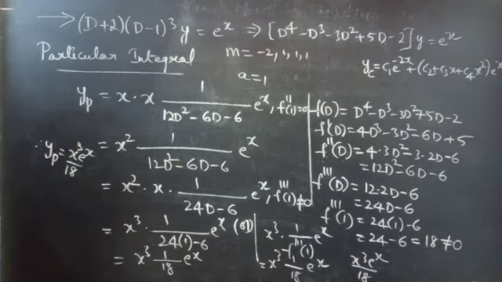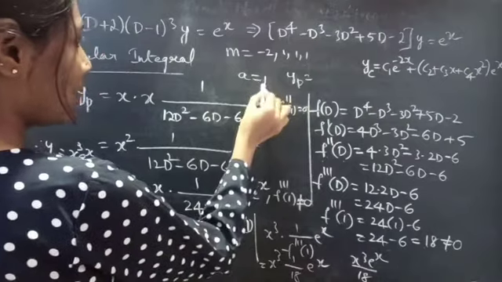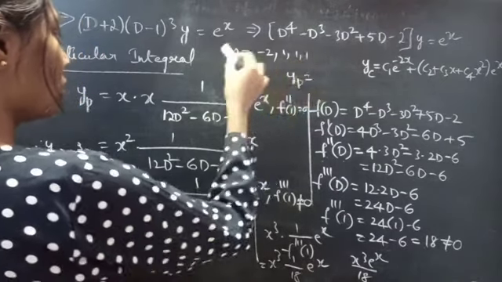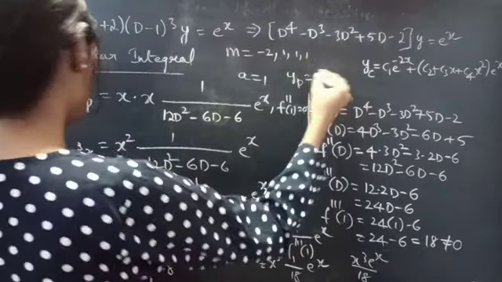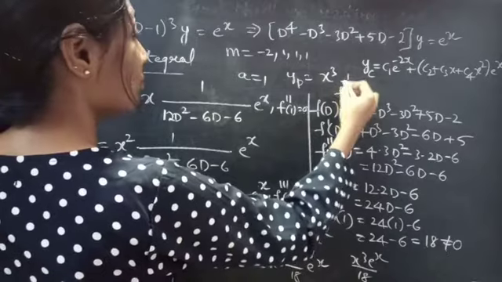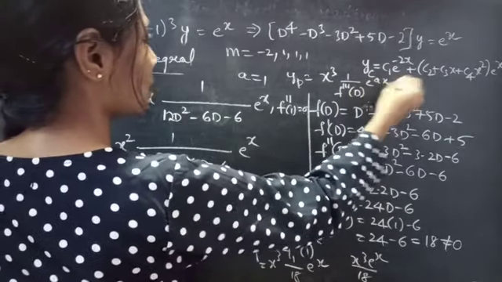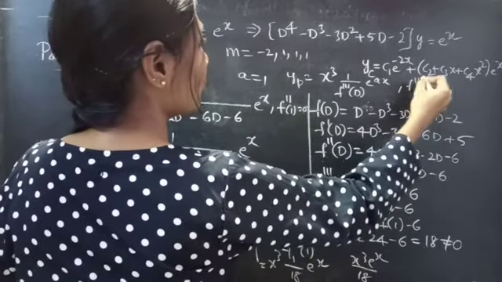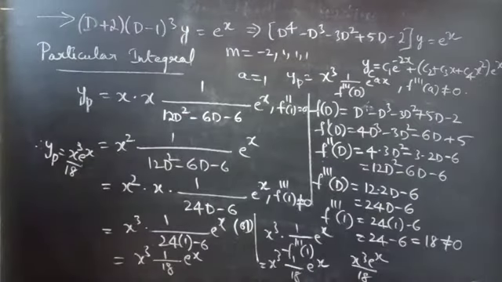You'll get x cube by 3 factorial, not 3 factorial. You'll get yp, since you're having a which is repeated thrice from the auxiliary equation, so you'll get yp from x cube into 1 by f triple dash of D into e power ax, provided f triple dash of a is not equal to 0.